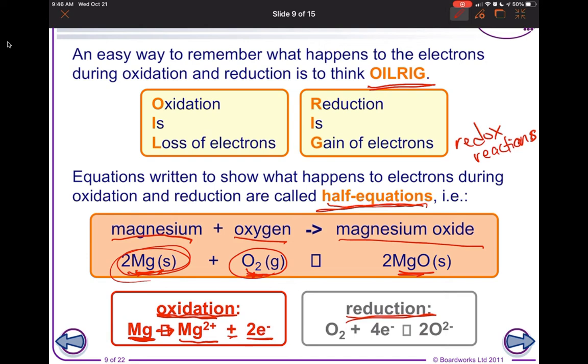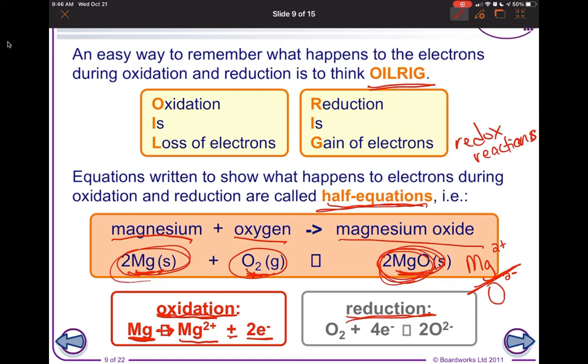The reason I know that, look at magnesium oxide over here. You've got to think of the ions that compose magnesium oxide. We have magnesium with a 2+ charge and oxide with a 2- charge. You get those from the periodic table. So when we're writing our half equations, we're looking at the ions they become.